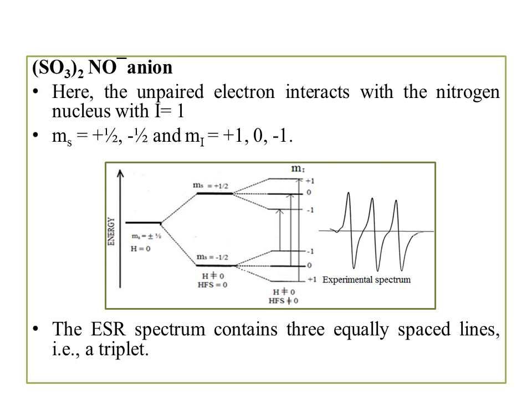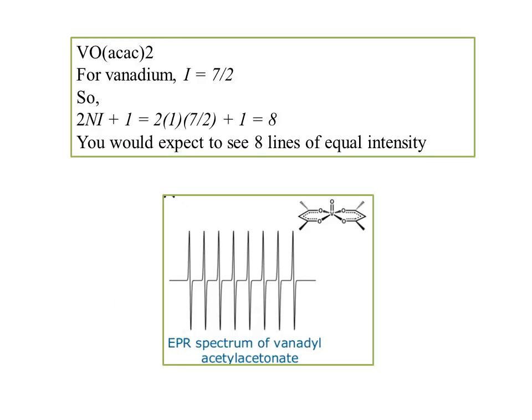So, we get 3 lines in the ESR signal of the same intensity because of hyperfine interaction. If the I value is greater than half, we get equally intense lines, whereas if I is less than 1, line intensity follows Pascal's triangle.